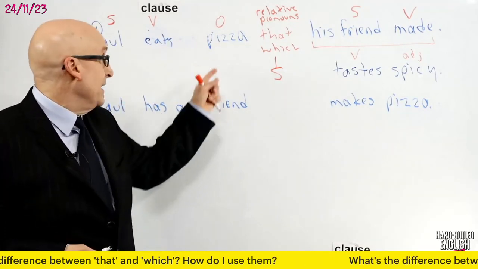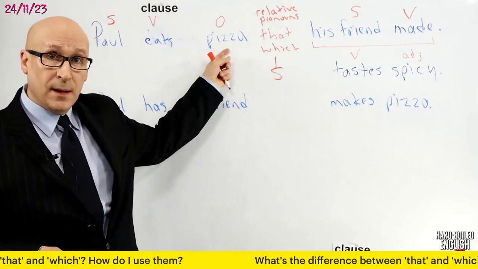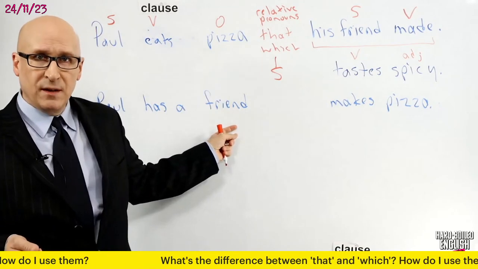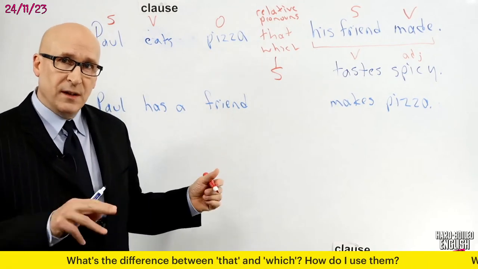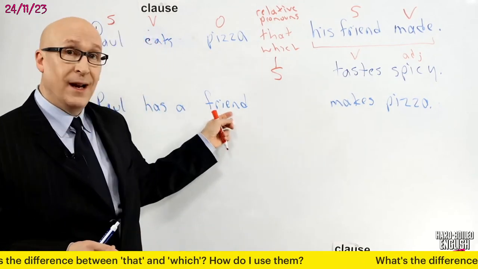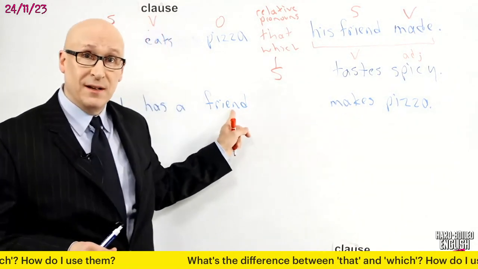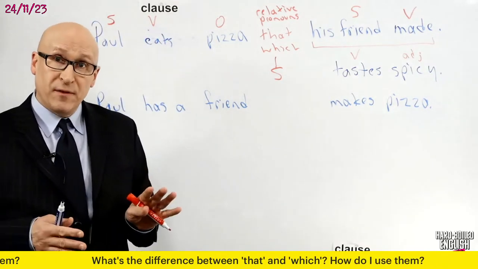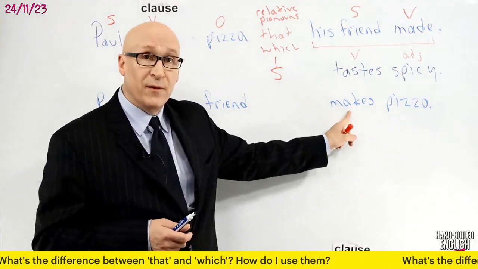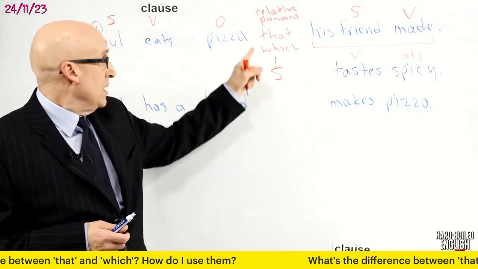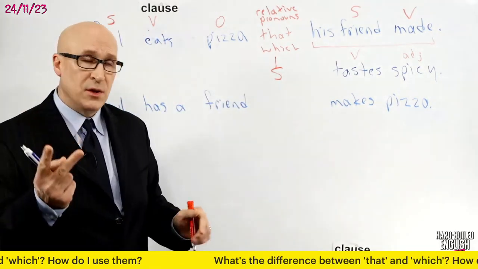Now, friend is not an inhuman object like a pizza. Friend is a person. So if we're describing a person and the action the person does, we need a relative pronoun because here we have a verb but we have no subject. So we need a relative pronoun and we have two to choose from.